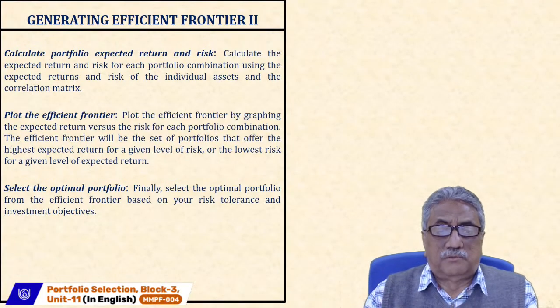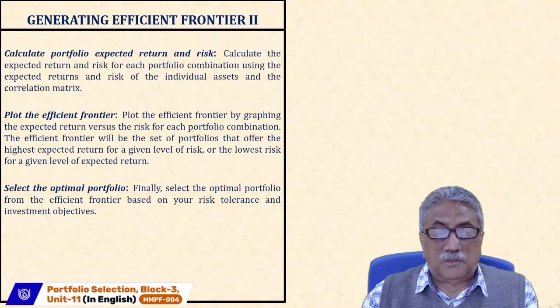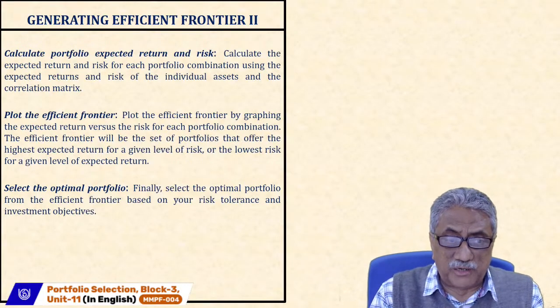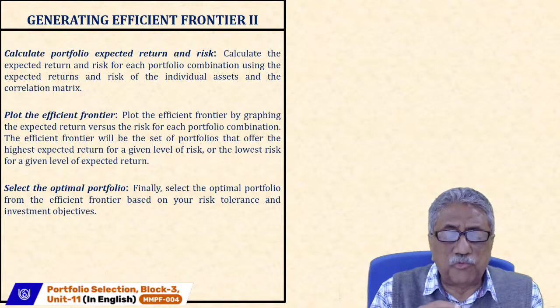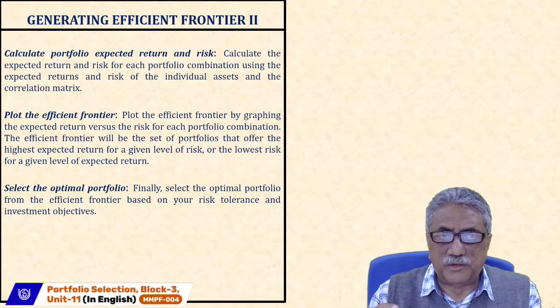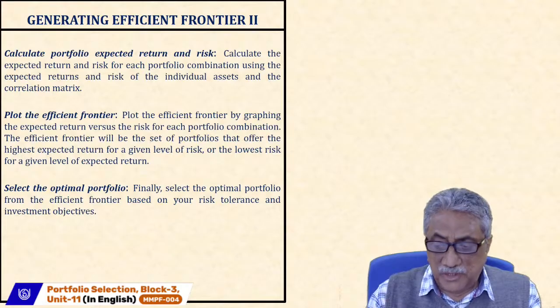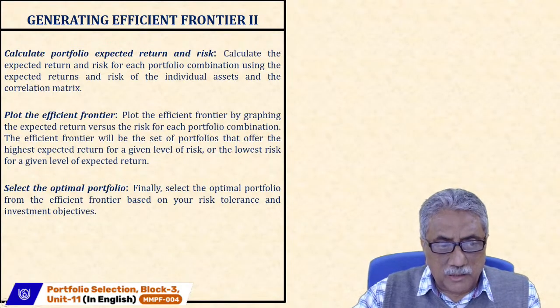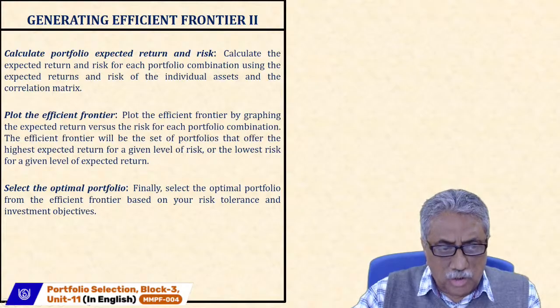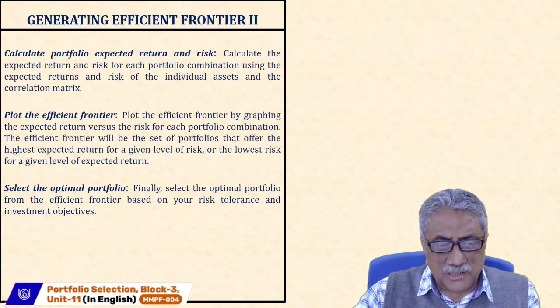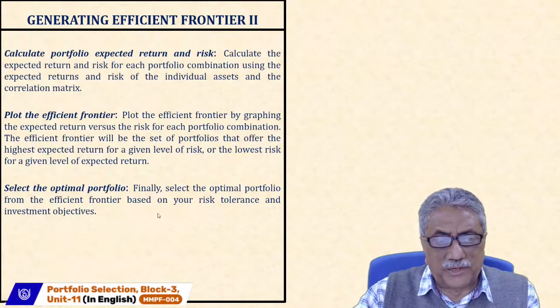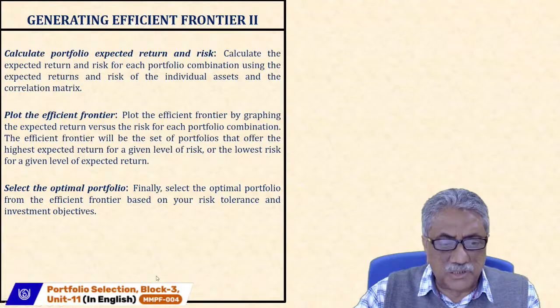Now, if you connect them, you get a frontier. Which portfolio will you choose from the efficient frontier, based on your risk? I repeat again: you will make dots. If this is the return and this is the risk, then maybe you are risk oriented, so you can get a higher return at this level of risk.